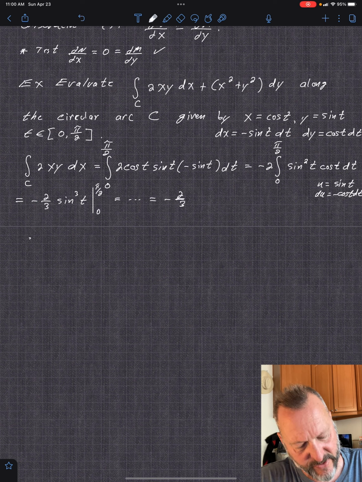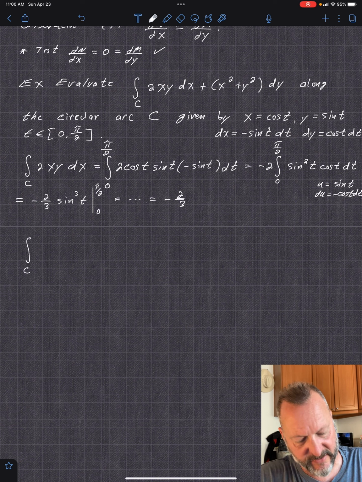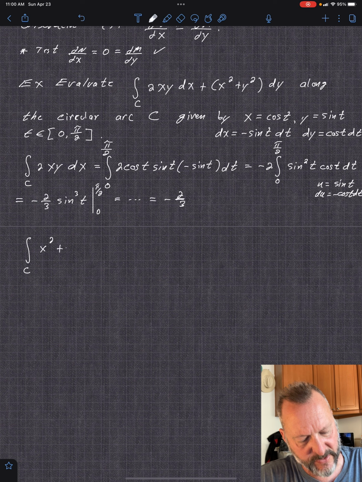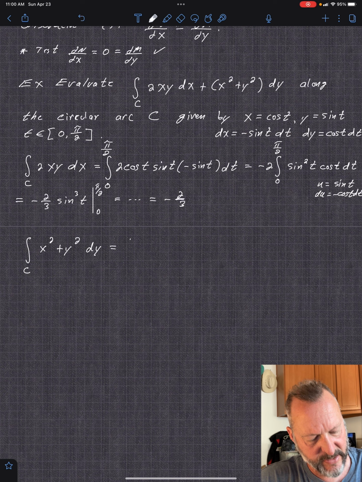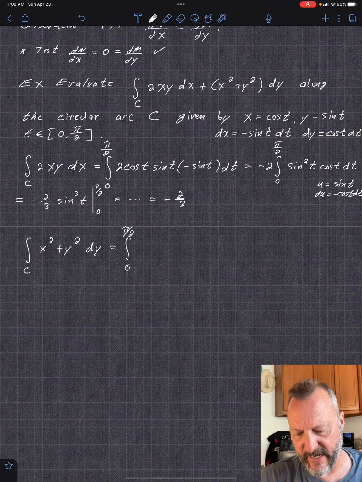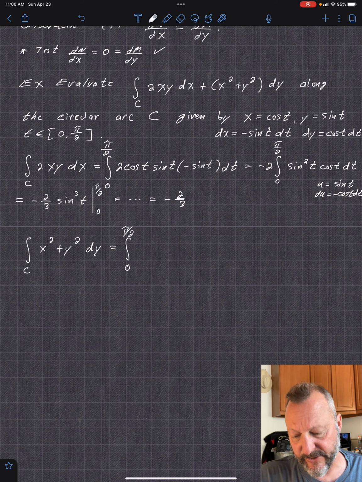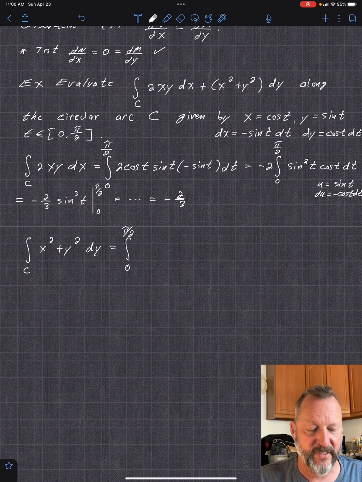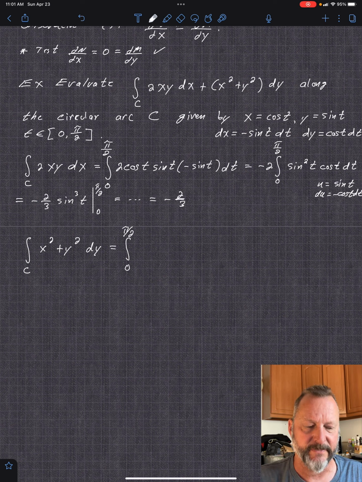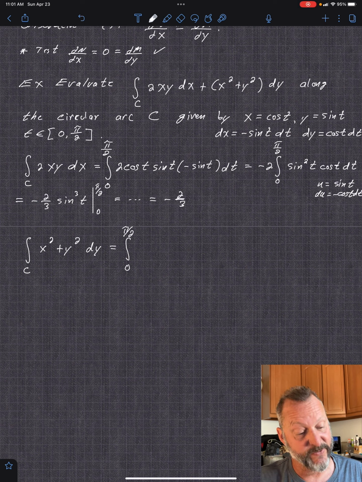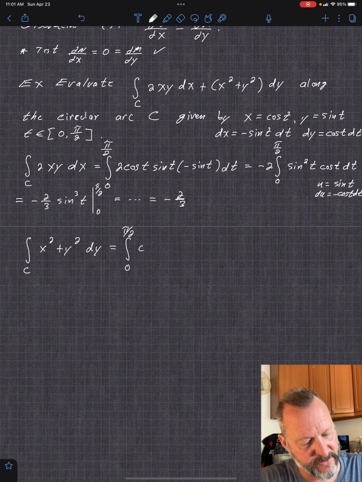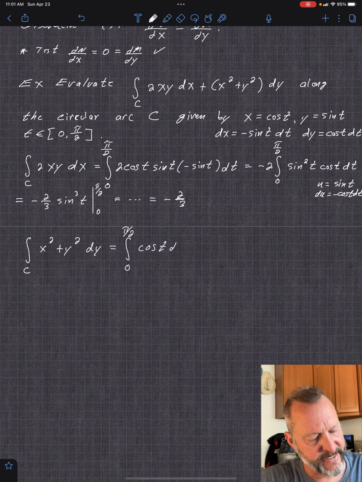Okay, and then now let's integrate over C of x squared plus y squared dy. And that's the integral from 0 to pi halves. And so what is x squared plus y squared if x is cosine and y is sine? That's the Pythagorean identity, and you get just 1. So it's really just dy. So dy is cosine t dt.